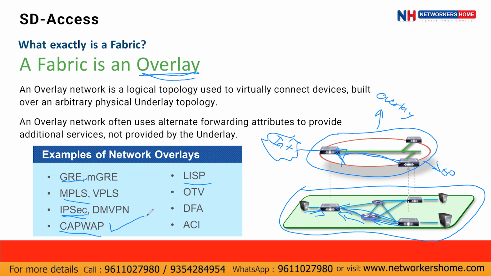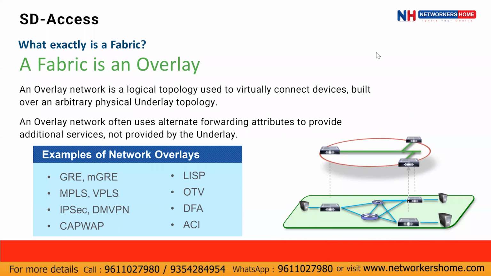So even if there are multiple hops in between, if there is an access point somewhere here and the wireless controller is connected to this specific L3 switch, it will directly form a tunnel like this. It will look like the AP is directly connecting to the wireless controller rather than going through these hops. So this is what an overlay is. Clear?